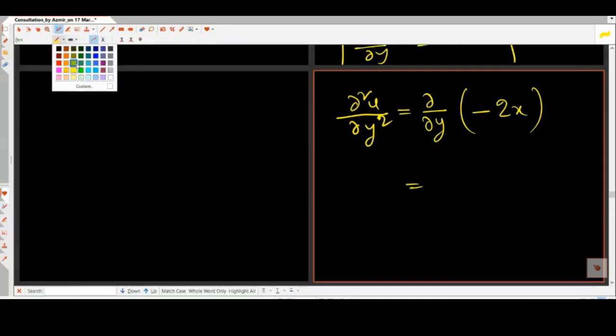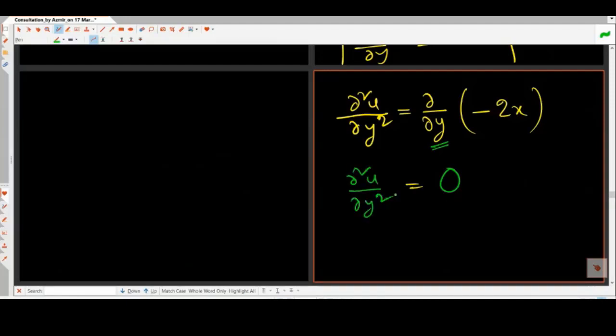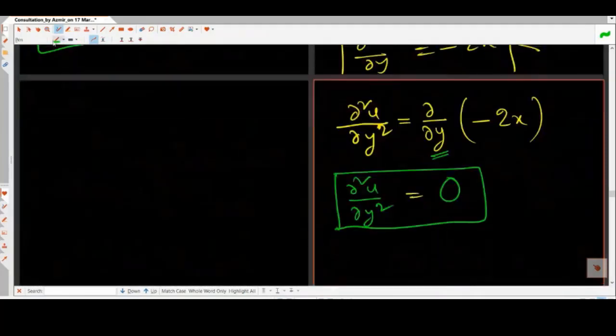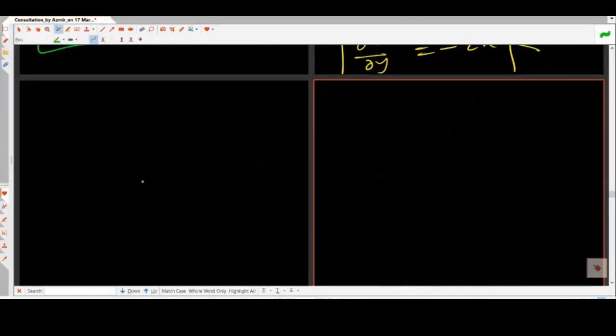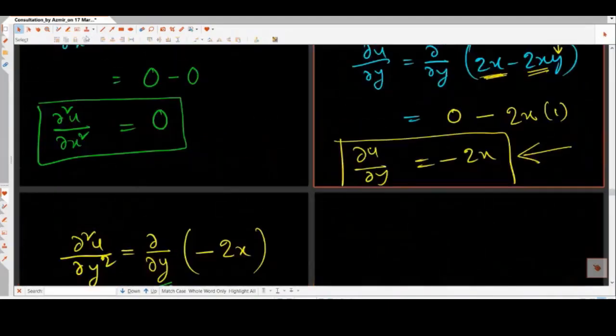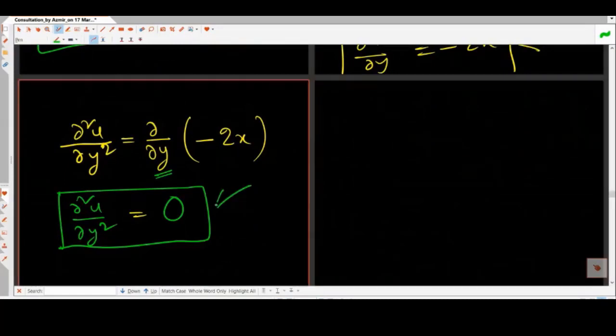So since we are differentiating in terms of y, x is constant. So the derivative of a constant is 0. So the second order partial derivative in terms of y is 0. So we have found the two parts, this one and this one.